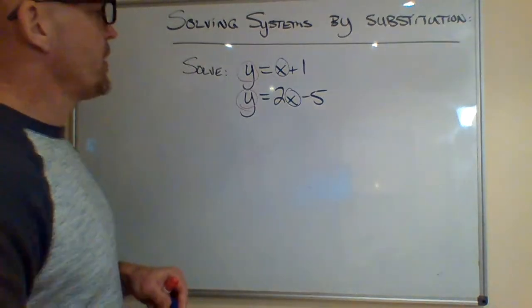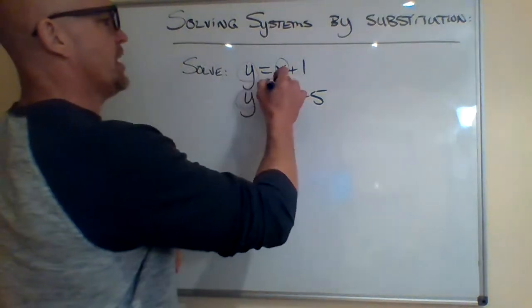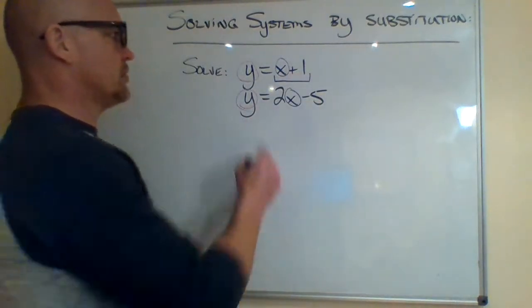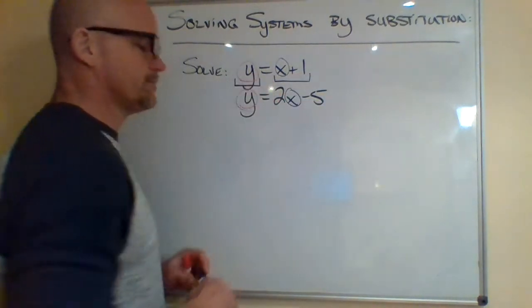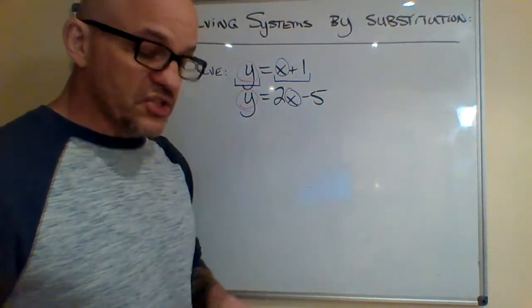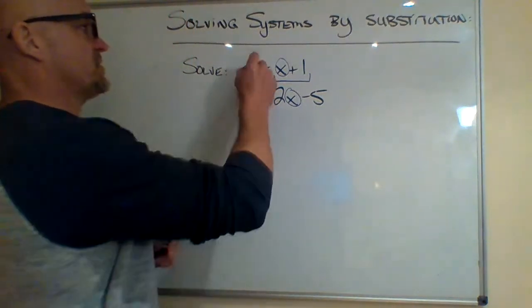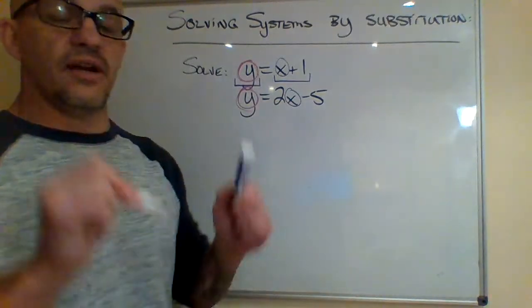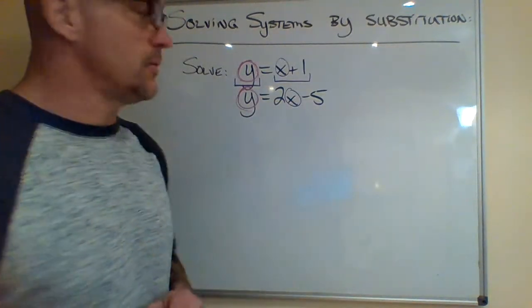Well, simple. I look at this and I say, okay, this x plus 1 has the same value as this y. We also just got done saying that this y and this y at the point of intersection have the same value.